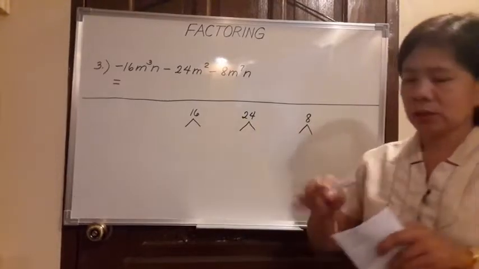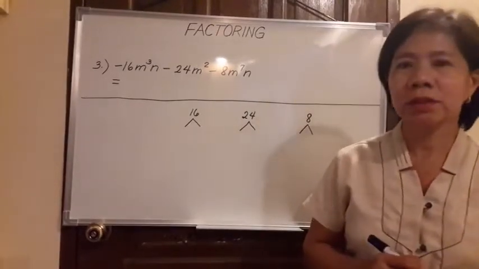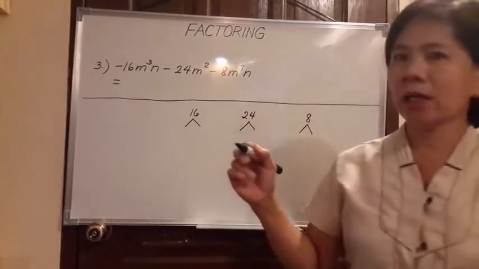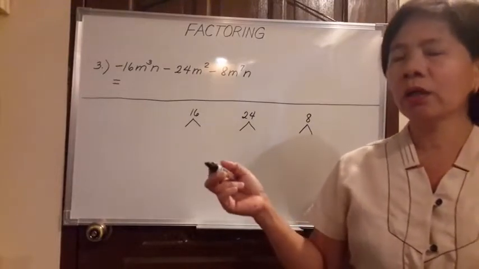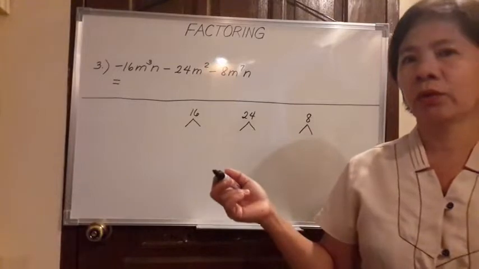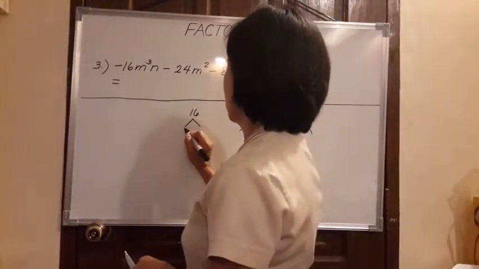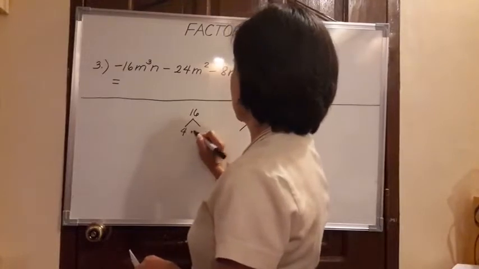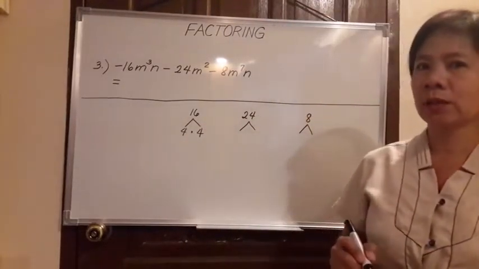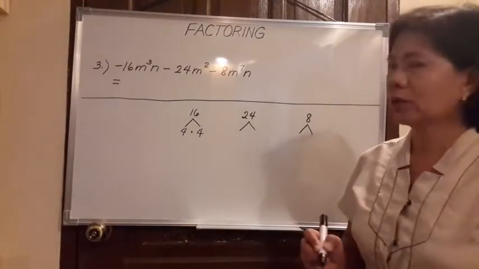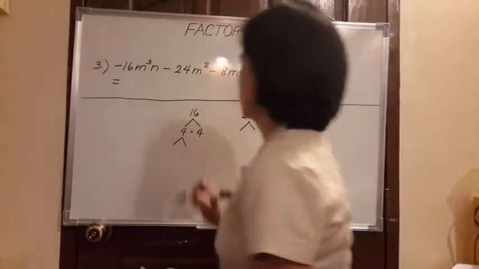For 16, using the factor tree, what are the factors of 16? Can we use 8 and 2? Okay, yes, or you can use 4 and 4. Using 4 times 4, 4 is a composite number, so you have to reduce 4 to prime numbers.